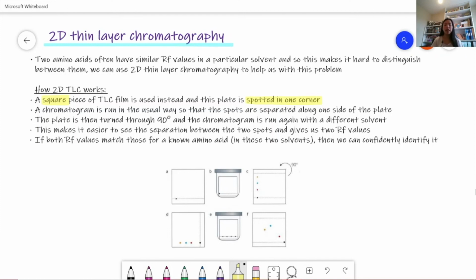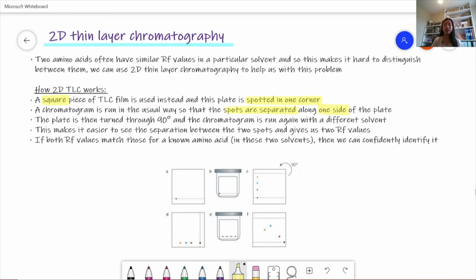So first we would take one of them and then spot this in one corner. And then we run the chromatogram in the usual way. So we put this film into some of the solvent and then wait for the solvent to go up the piece of plastic. And then you should have spots which have been separated. So we have spots separated along one side of the plate.